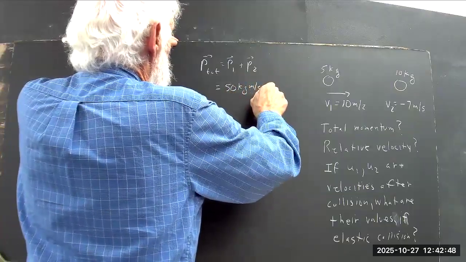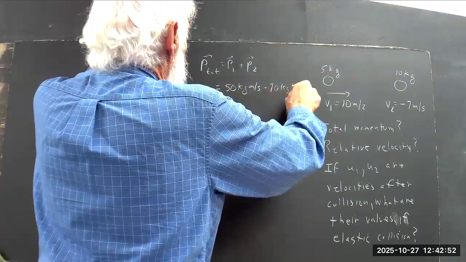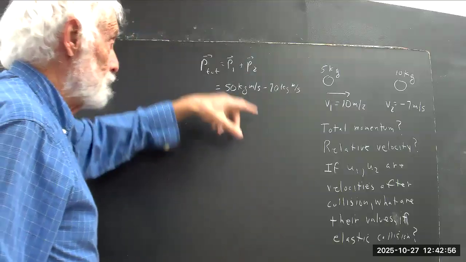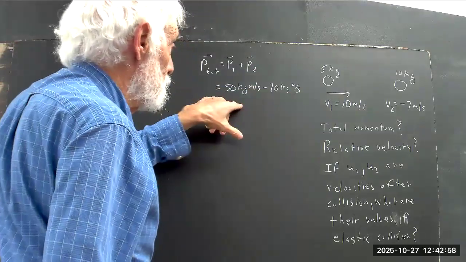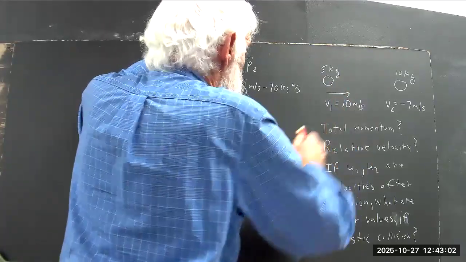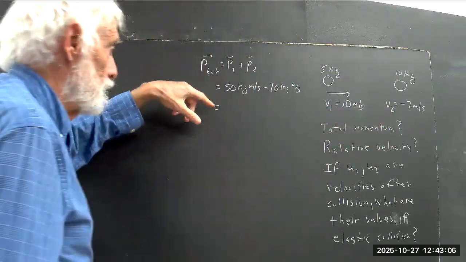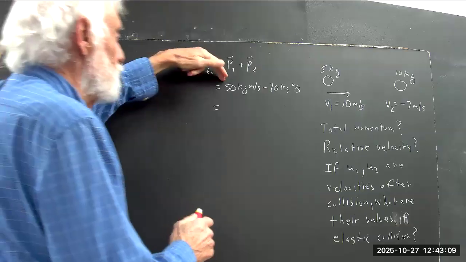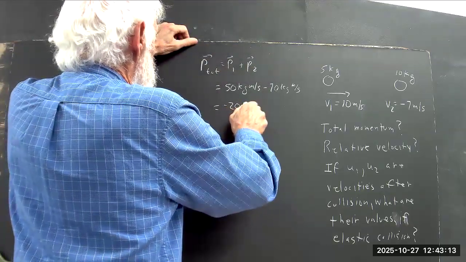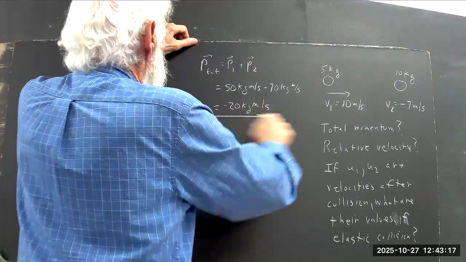We're skipping a step here because everybody got this, I think. Mass times velocity, 5 kilograms times 10 meters per second. It's supposed to be a second, but I wrote meters squared. 10 kilograms times negative 7 meters per second. So we get 50 kilogram meters per second minus 70 kilogram meters per second, which is negative 20 kilogram meters per second.